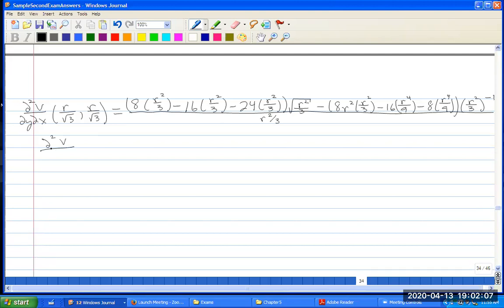So the mixed partial at the critical value, r over rad 3, r over rad 3 is equal to, let's factor out, you have r squared and then a r cubed.